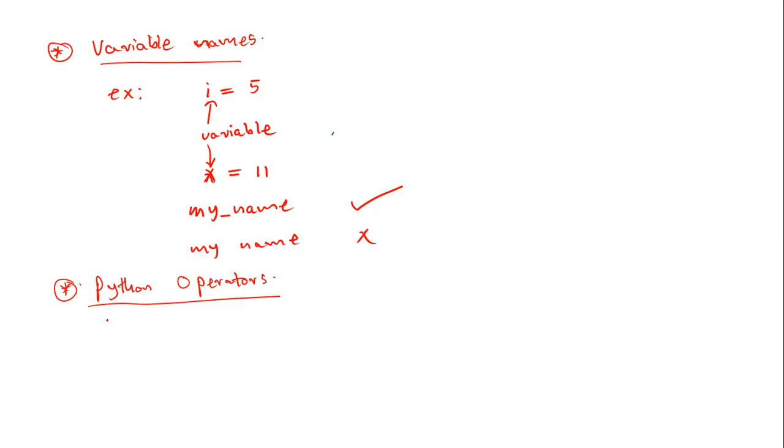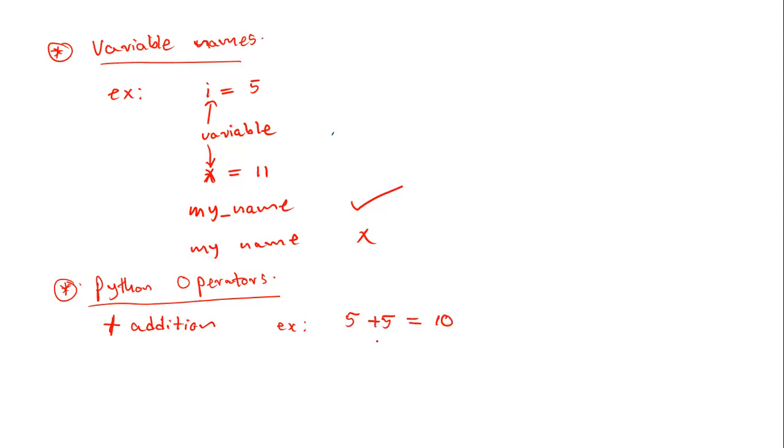The first one is addition. It is similar to the mathematical addition. Example, let's say 5 plus 5 gives us 10.